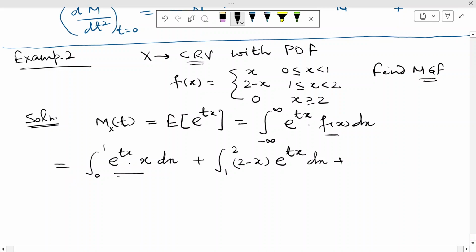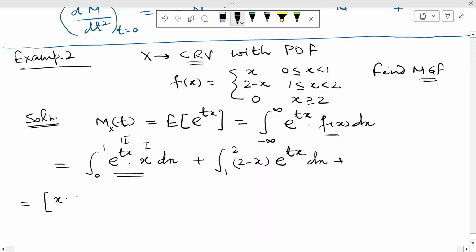So here, as you can see, we are having the product of two functions, so we have to perform integration by parts. If you consider this as your first function and this as your second function, we keep our first function as it is.